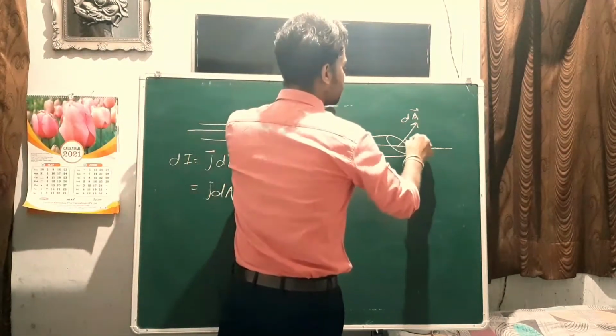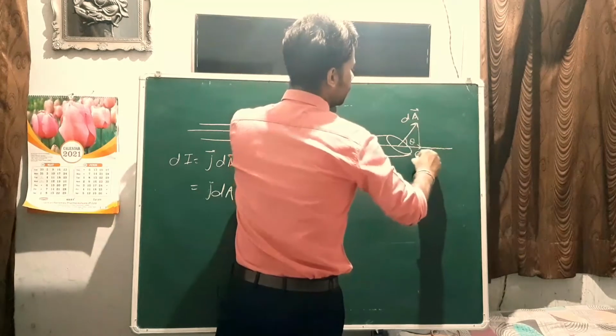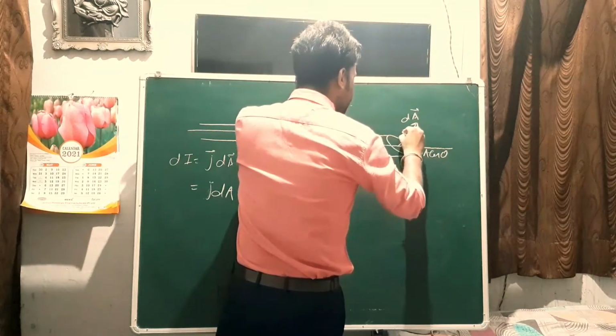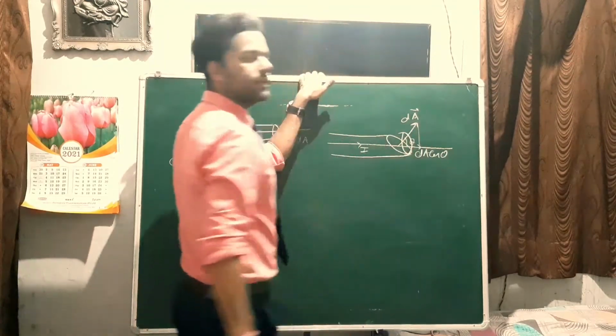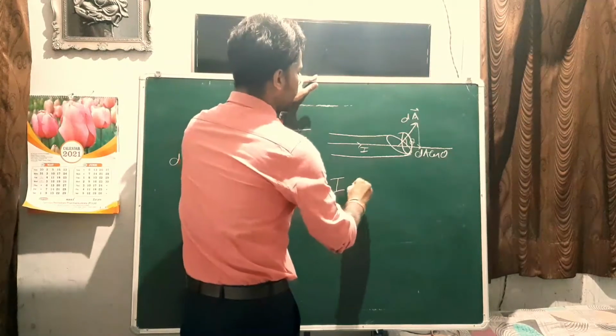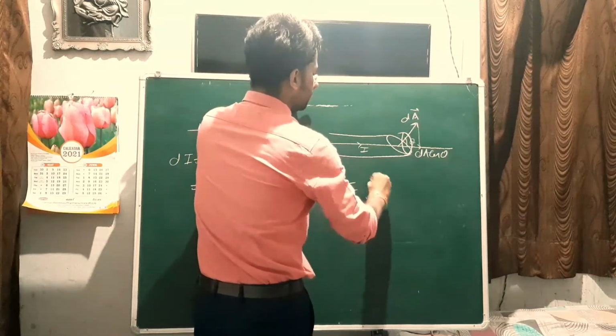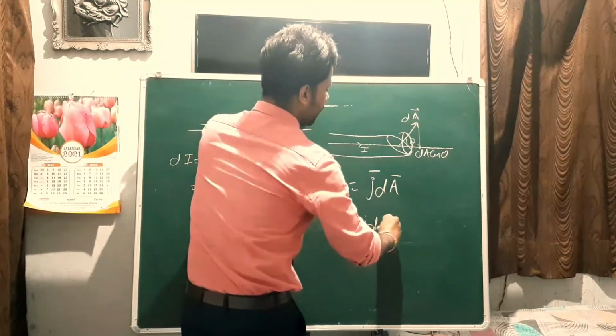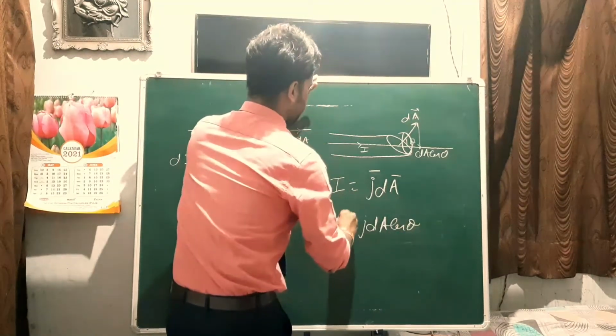So if the angle is theta, then here it will be dA cos theta. So we will consider an area like this. So when you write the equation, dI will be j dot dA, or simply j dA cos theta.